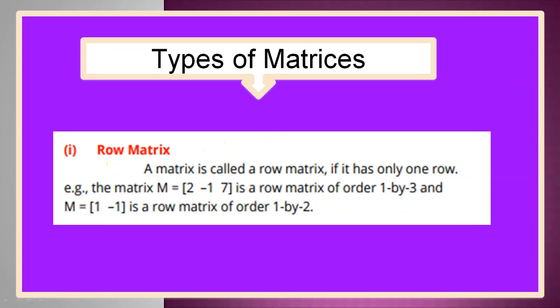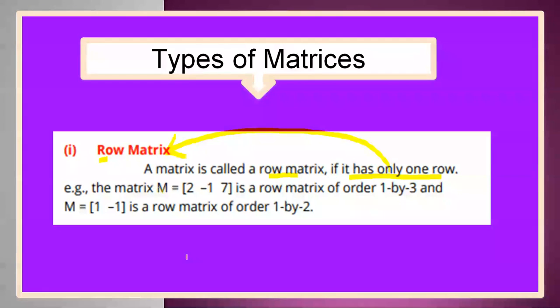Let's start from the first type, that is the row matrix. As the name suggests, a number of rows? No, no. A matrix is called a row matrix, and you know what the unique thing here is? If it has only one row, it is your row matrix.